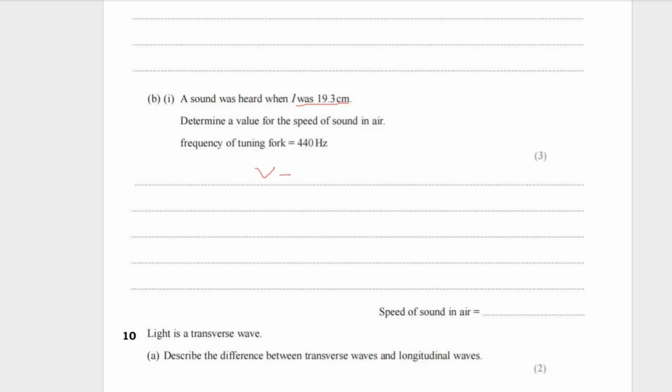You need to find the speed of sound, and you know the wave equation, v equals f lambda, and the frequency is given as 440 hertz. So 440 multiplied by lambda. As I told you, in this whole length we have only lambda by 4, not the whole lambda. Rearranging, lambda equals 4 multiplied by the length, so lambda is equal to 4 multiplied by 19.3 × 10^-2 meters.